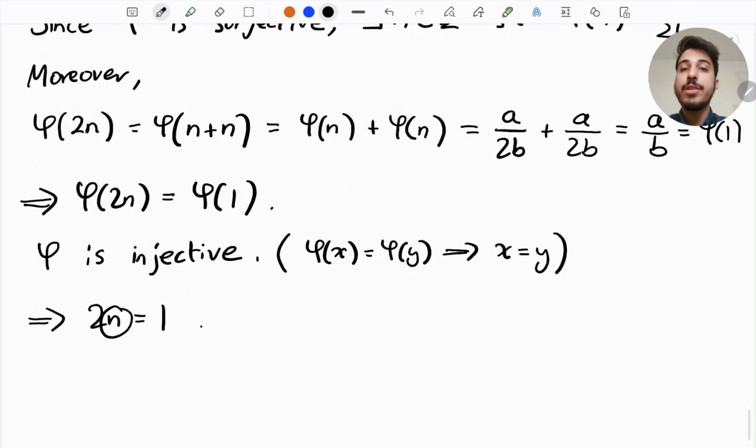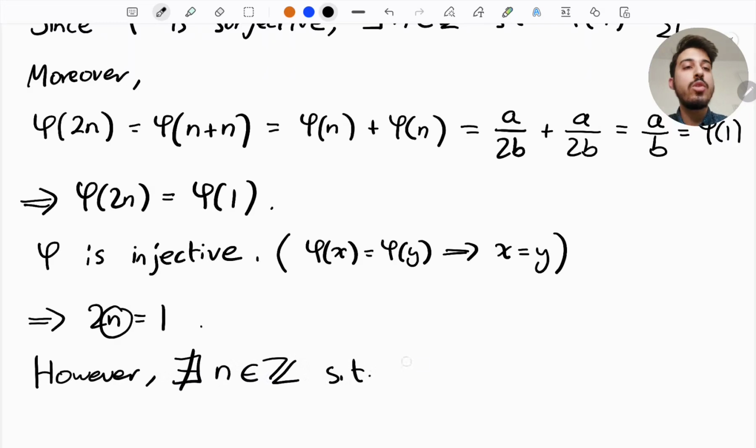And n is assumed to be an integer. So does there exist such an integer that if you multiply it by 2, you get back 1? No, there does not exist any integer like that. So there does not exist any integer n such that 2n is equal to 1.